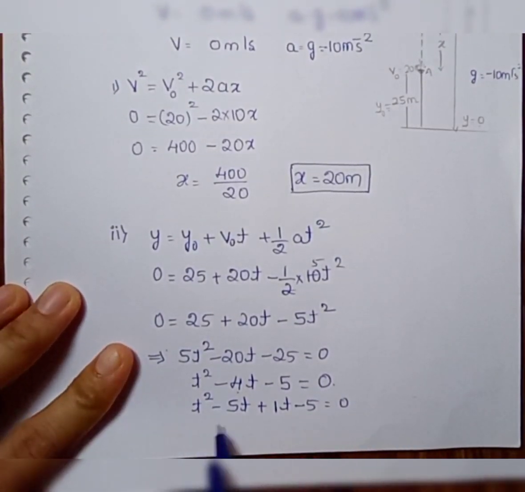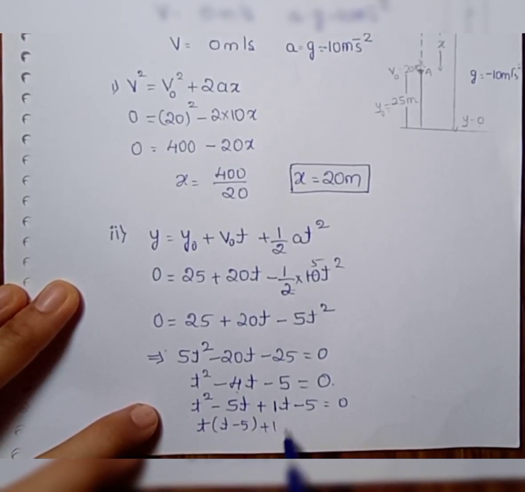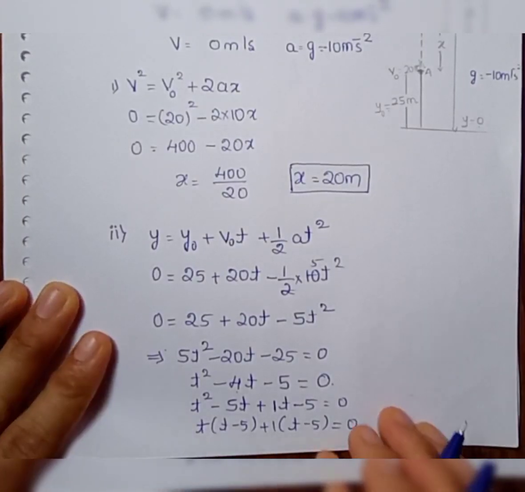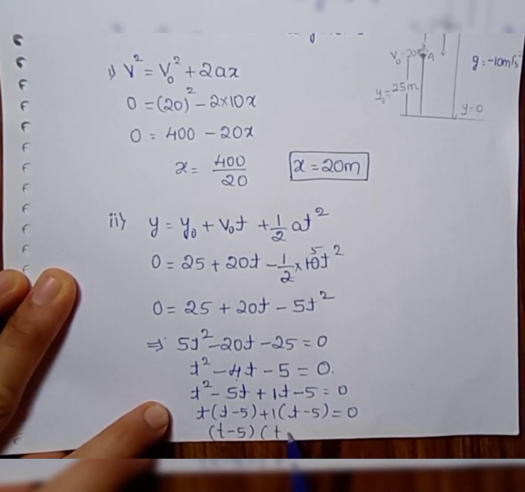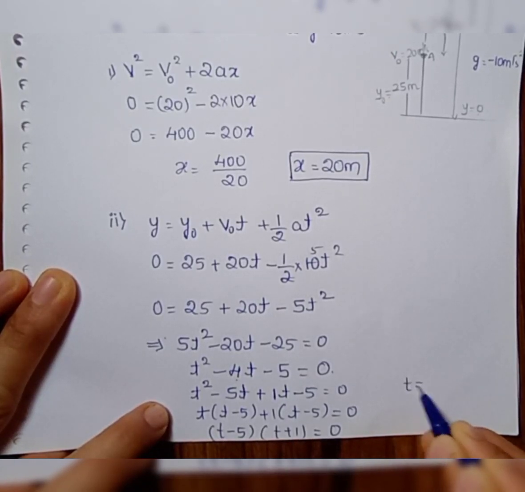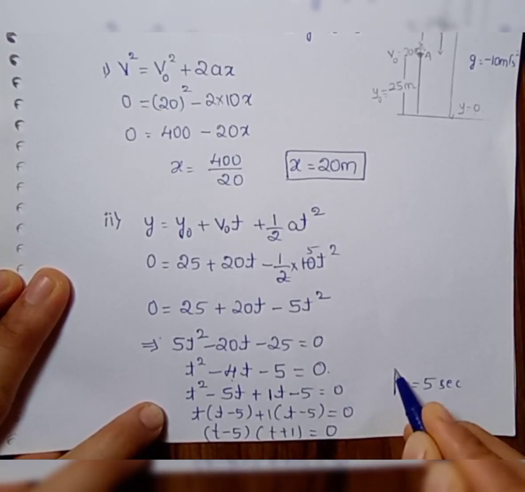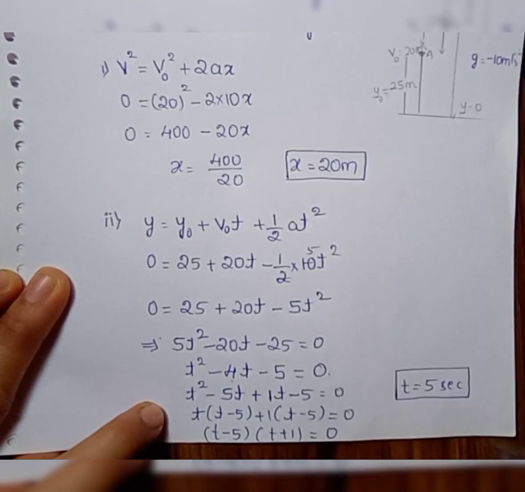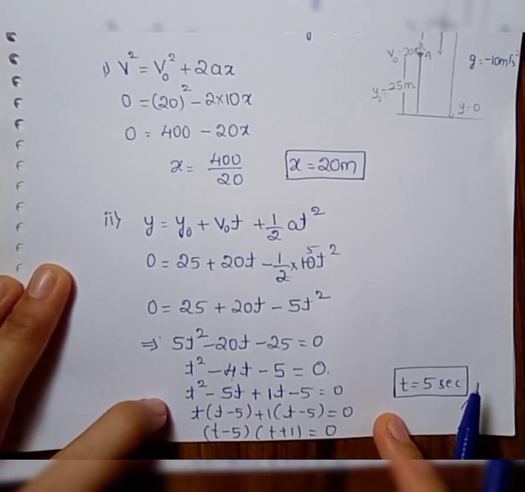Just by simplification what we will get? t into t minus 5 plus 1 into t minus 5, that is t minus 5 into t plus 1 is equal to 0. Here t may be 5 second or t may be minus 1 second. So what we have to take? Time is equal to 5 second. This one is the final answer for second one.